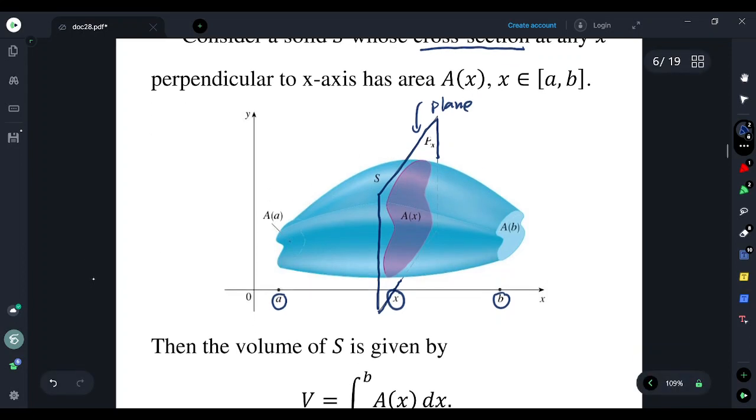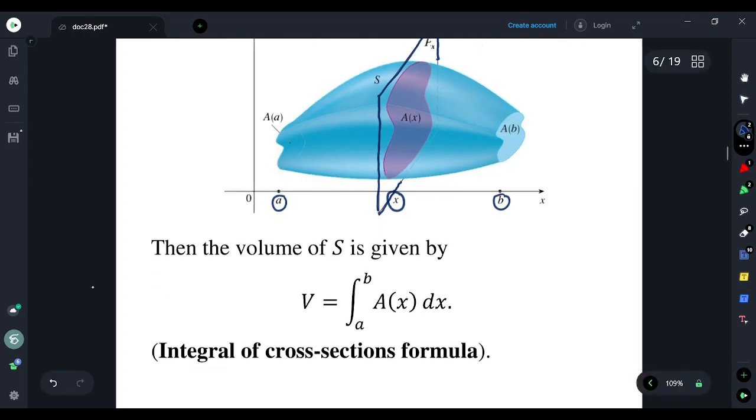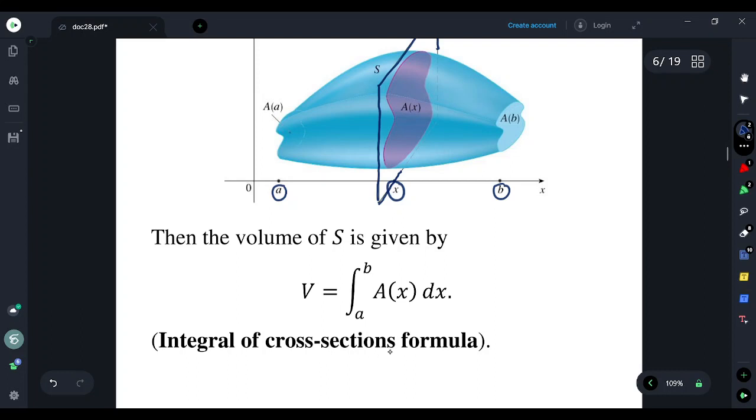Okay, then what we're going to use is that the volume of the solid S is given by V equals the integral from a to b of the cross section A(x) dx, and this is called the integral of cross sections formula.